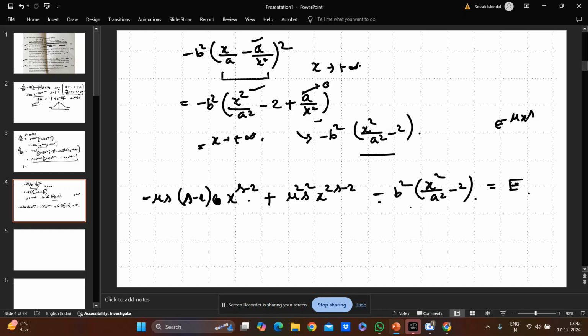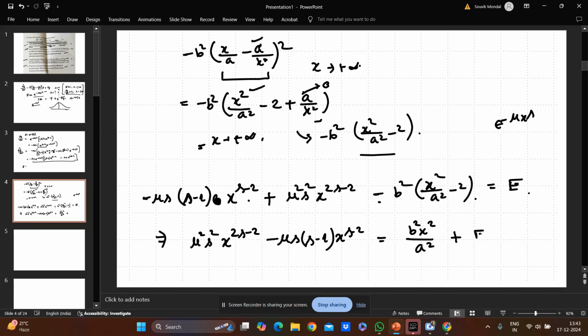Now look carefully; let me simplify a bit more. μ²λ² x^(2λ−2) minus μλ(λ−1) x^(λ−2) is equal to b²x²/a² plus E minus 2b². So this is the expression.